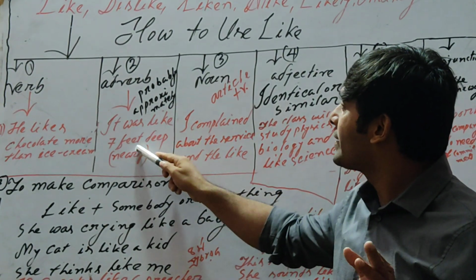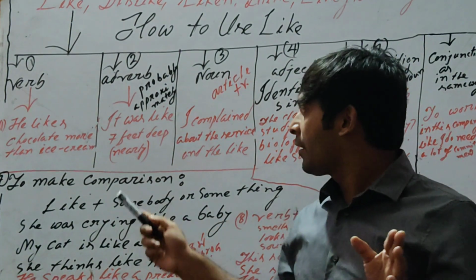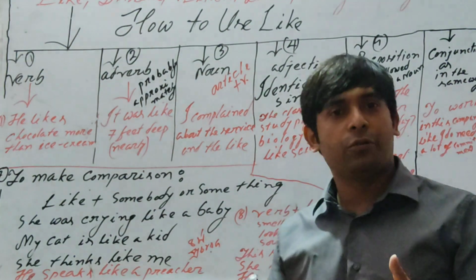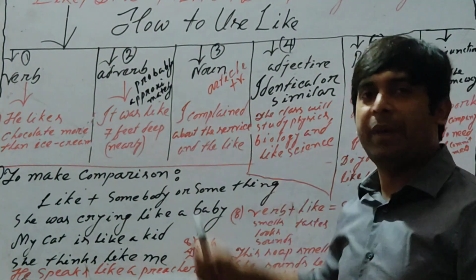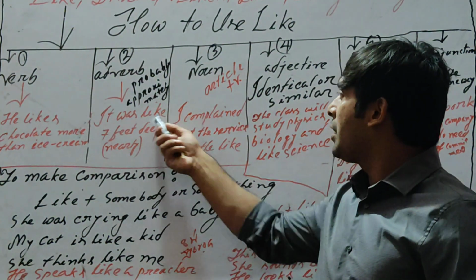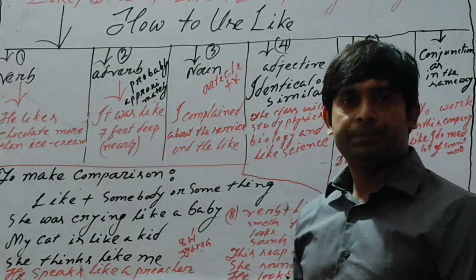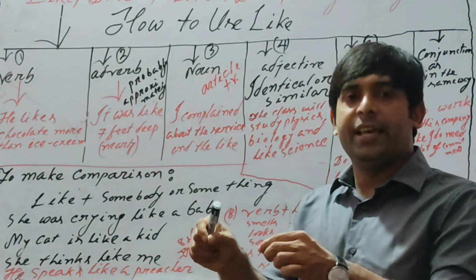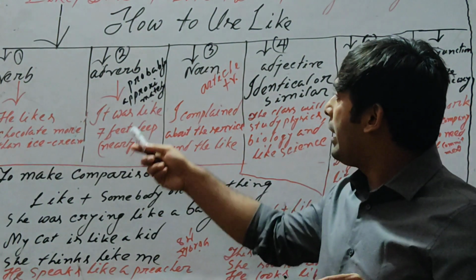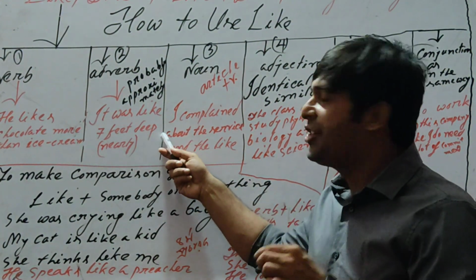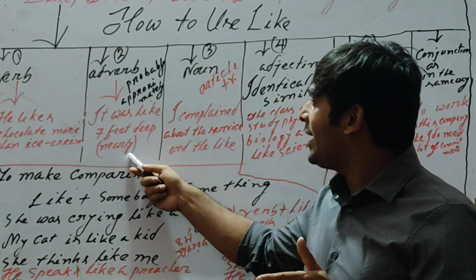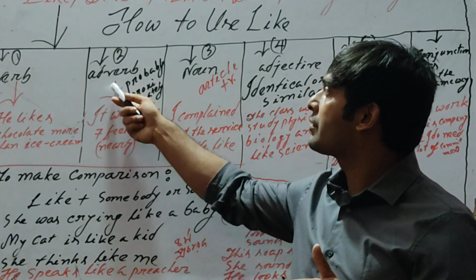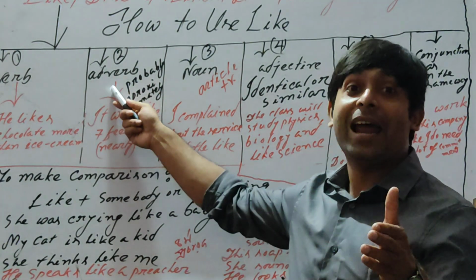It was like 7 feet deep, meaning nearly, about, almost, or approximately. I can say, this place was like 7 feet deep, approximately or nearly. So that's why we can say that's called an adverb.